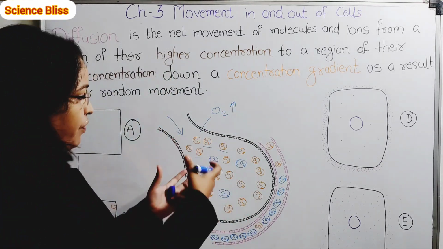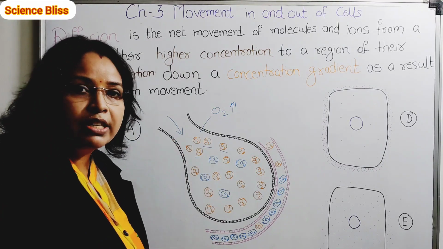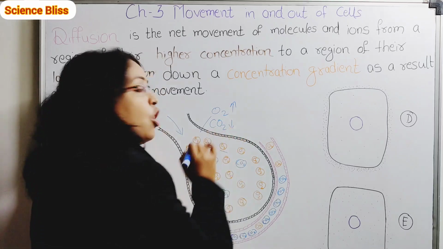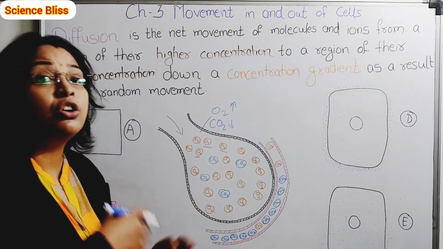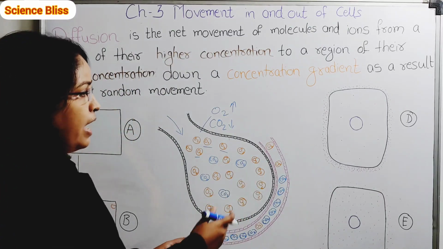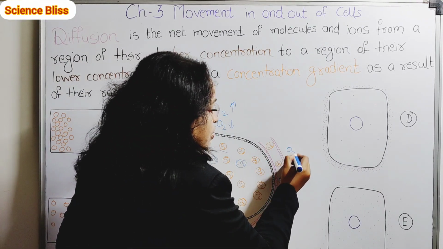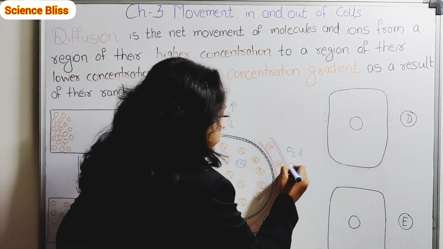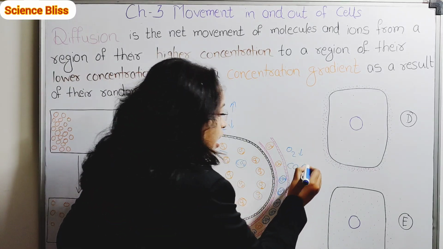The concentration of carbon dioxide is lower inside the alveoli. On the contrary, in the capillary you can clearly see that the concentration of oxygen is low and the concentration of carbon dioxide is high.